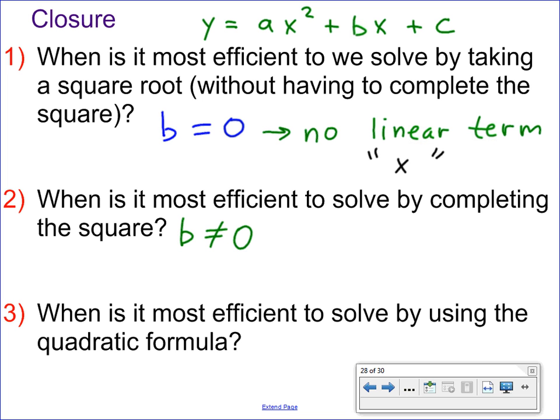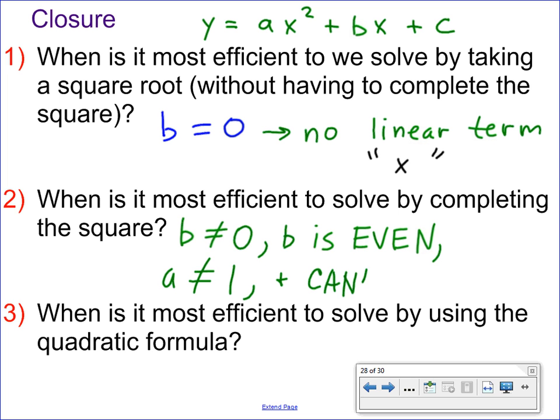If b is even, a equals 1, and I can't factor, if those conditions are met, then I'm going to go ahead and complete the square. Notice how that's a lot of conditions, right? So b doesn't equal 0, which means there's a linear term and it's even, so that I can divide it by 2 to get my special number.